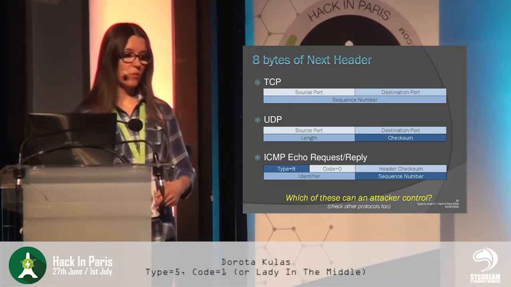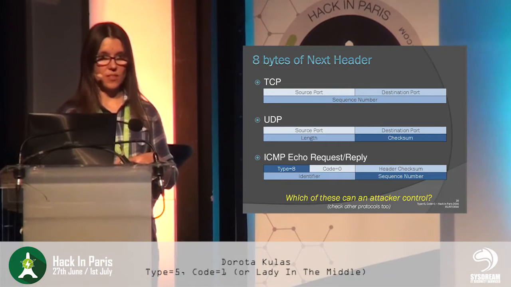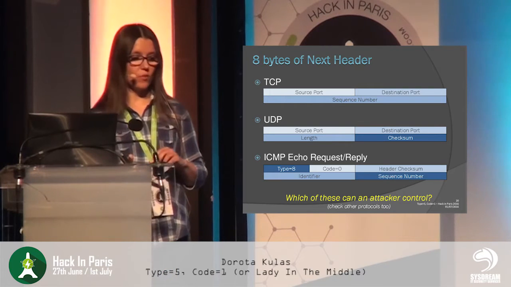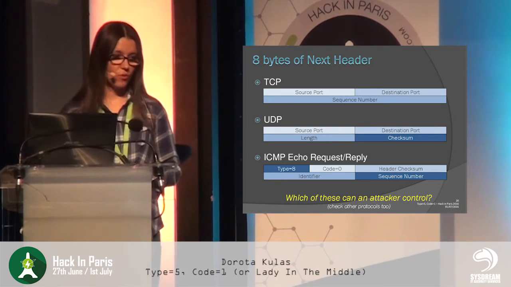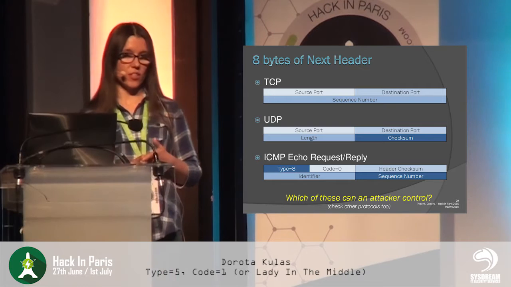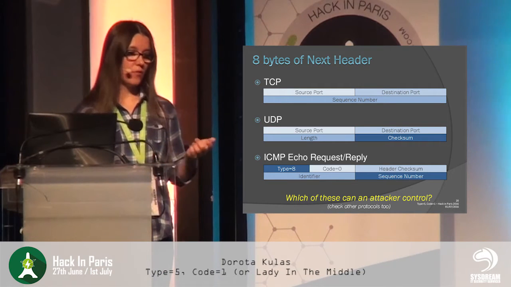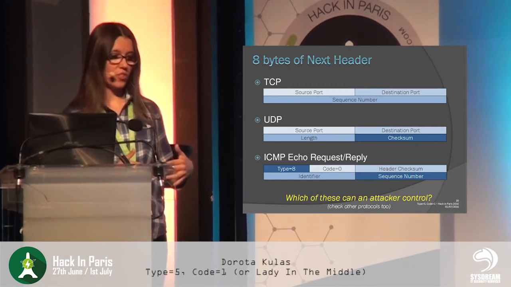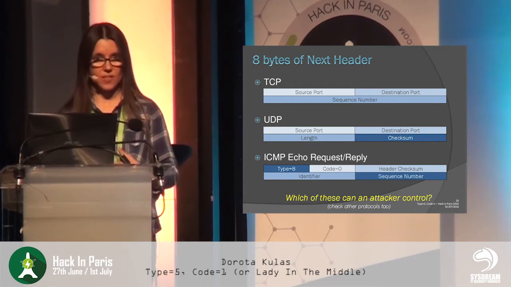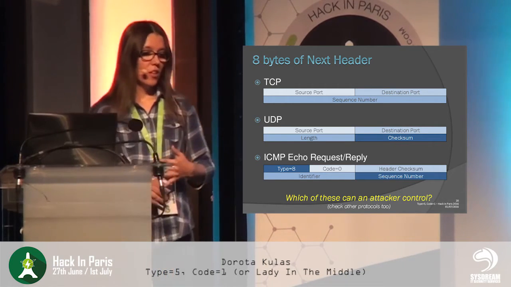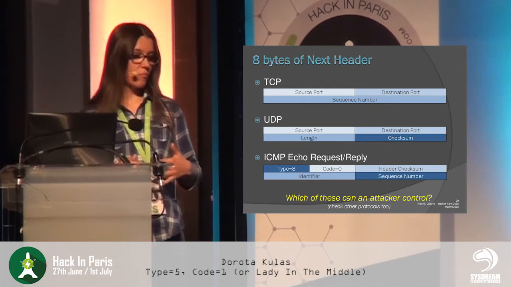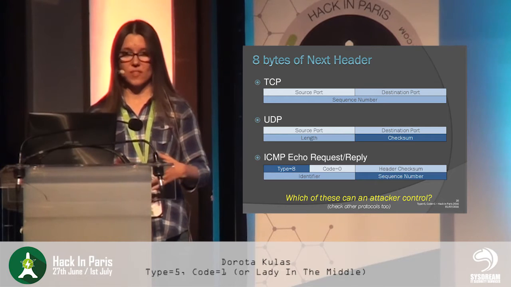For TCP, we would have to know source and destination port and sequence number. For UDP, source and destination port, length, and checksum. And for ICMP, I chose echo request and reply, which is a bit different than all other ICMP messages. We would have to know type, code, header checksum, identifier, and sequence number.